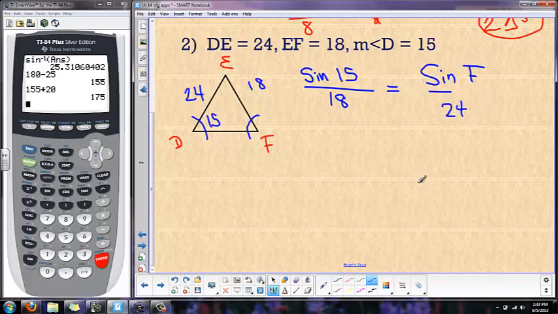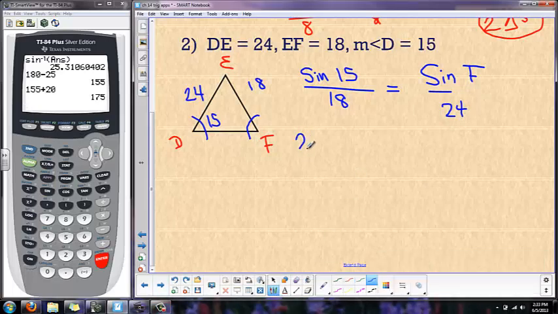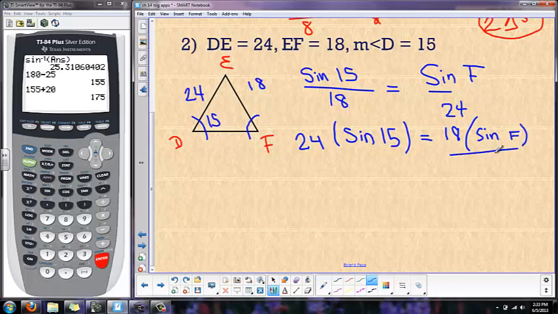Okay, we're going to cross multiply again. 24 times the sine of 15 is equal to 18 times the sine of F. And I want to get the sine of F all by itself. So I'm going to divide both sides by 18 and then put all that into my calculator.